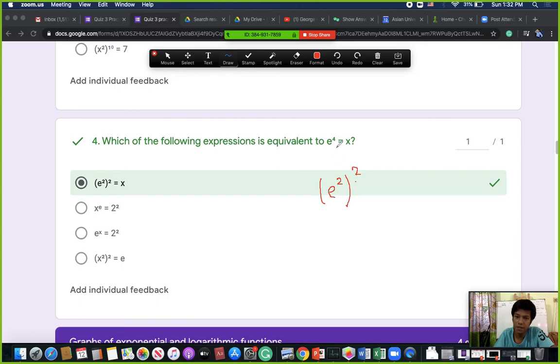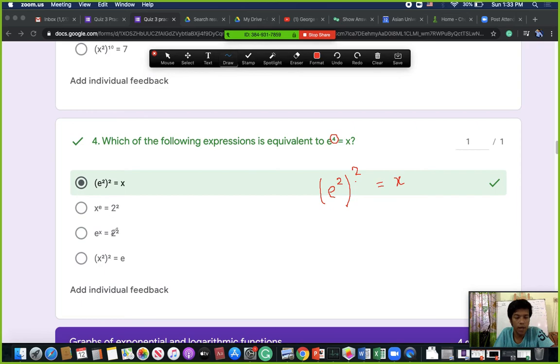What we have done is, this 4 means 2 into 2. That's it, nothing else. So this is the change that we have to make here.